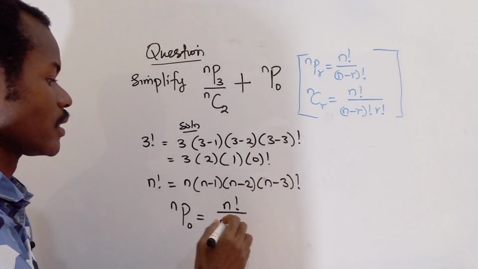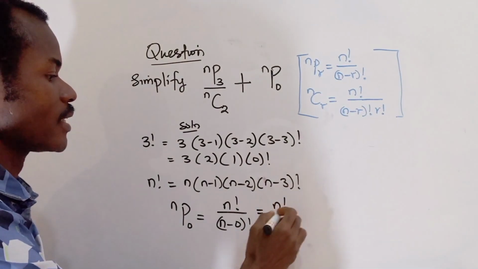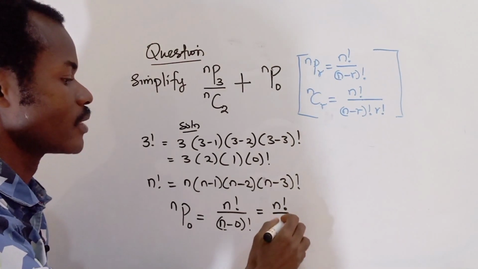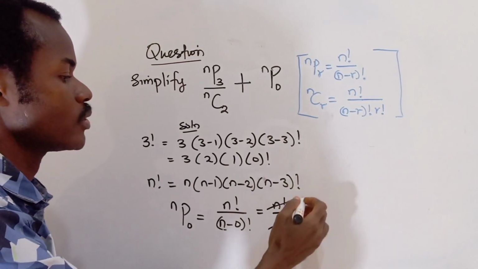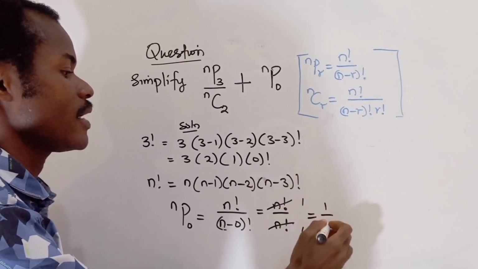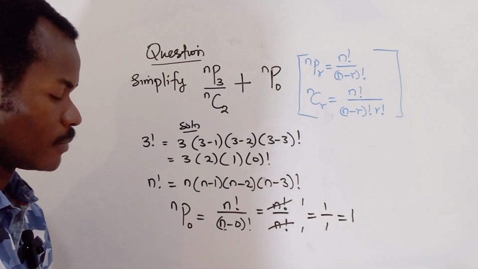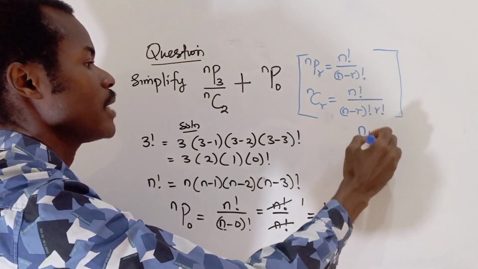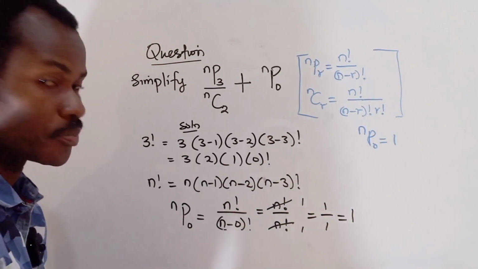So we have n factorial divided by n factorial, since n minus 0 is n. Now since both of them are the same, they can cancel out, which is 1 over 1, so 1 divided by 1 is still 1. I want to keep that somewhere: our nP0 gives us 1.